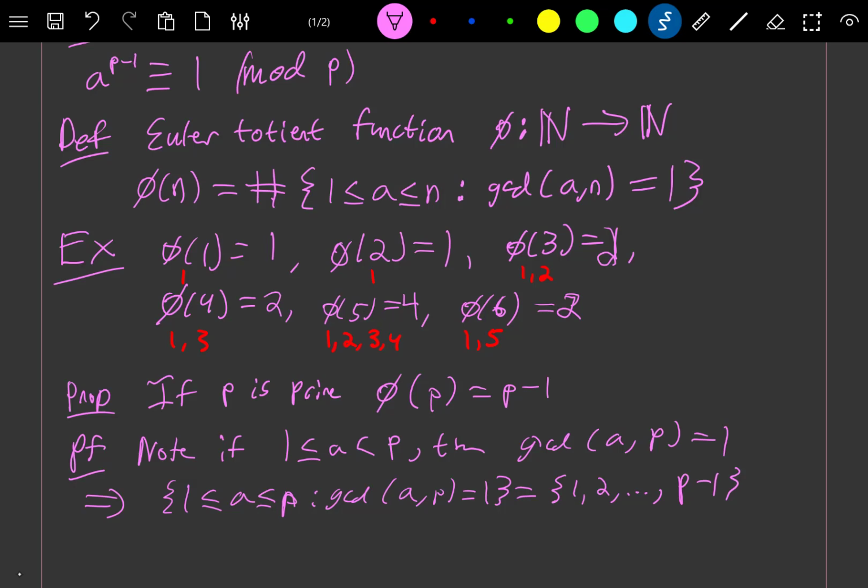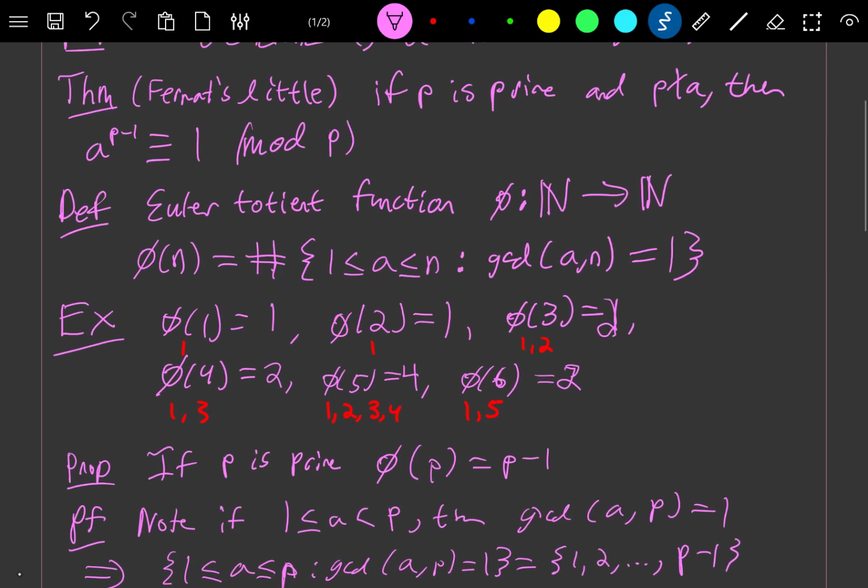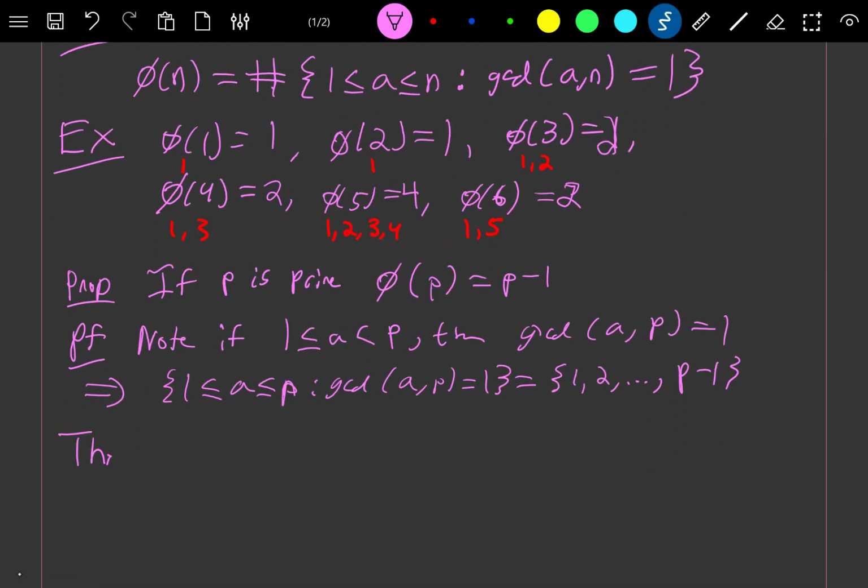So this is what the Euler totient function is. Now we can state the theorem due to Euler.